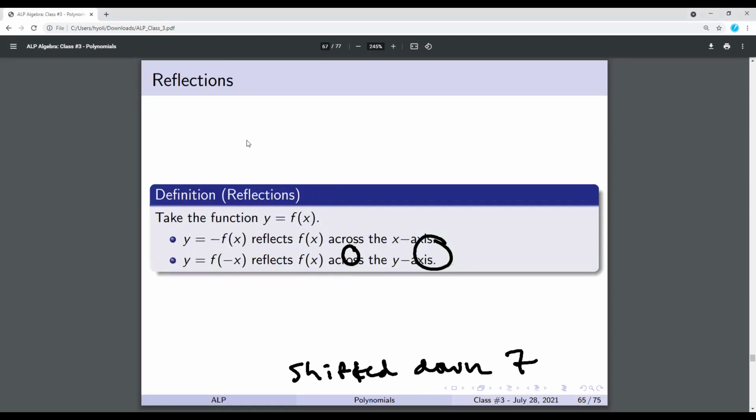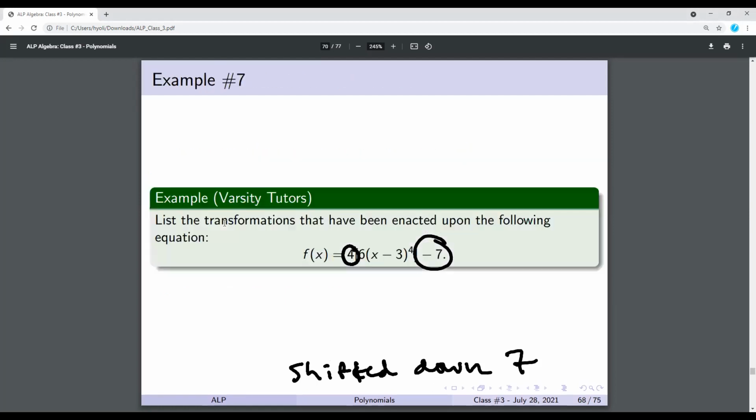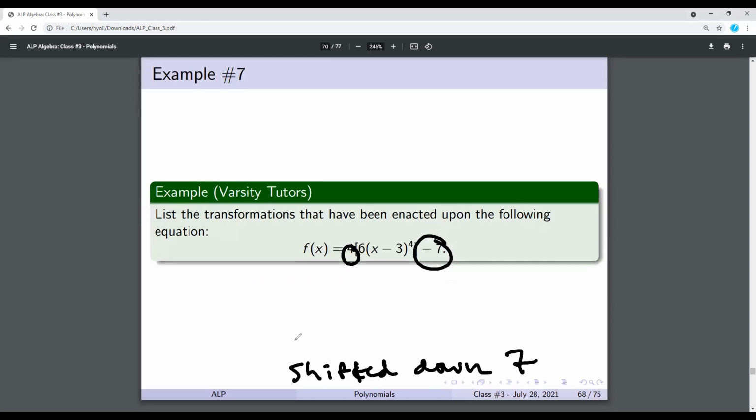So if we go back, remember if a is greater than 1, it is vertically stretched by a factor of a. So it's going to be vertically stretched by 4.